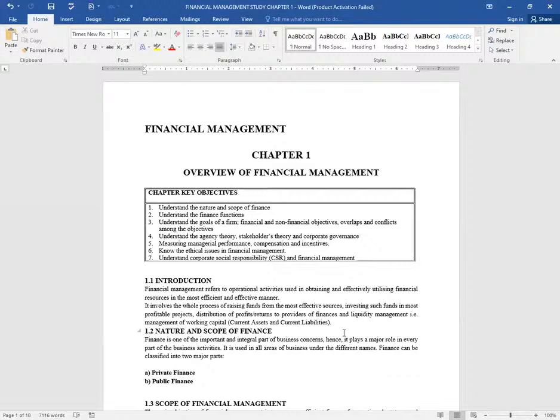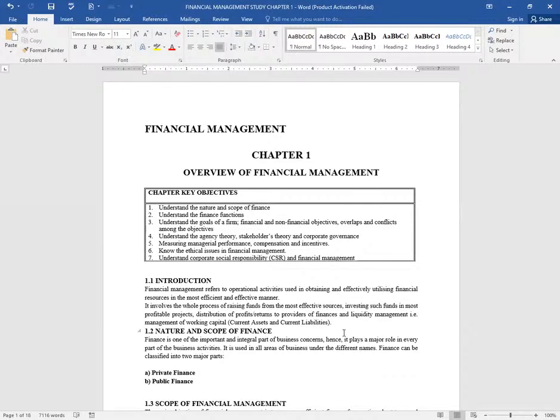And of course, you'll be learning that a great company is one that has a positive working capital, where working capital is current assets minus current liabilities, meaning that the current liabilities should be lower than the current assets.